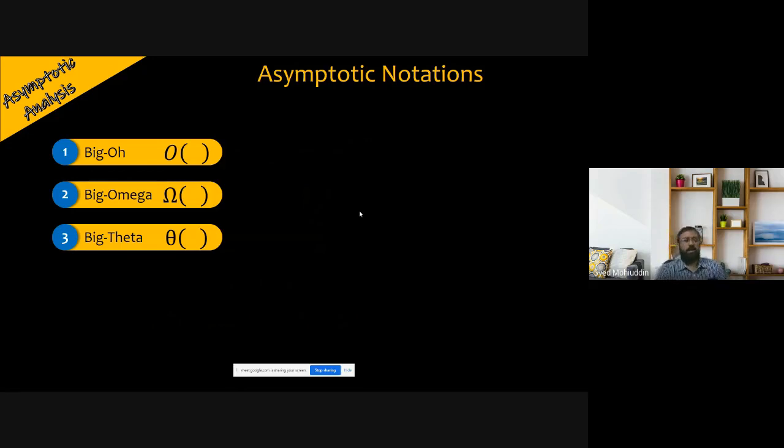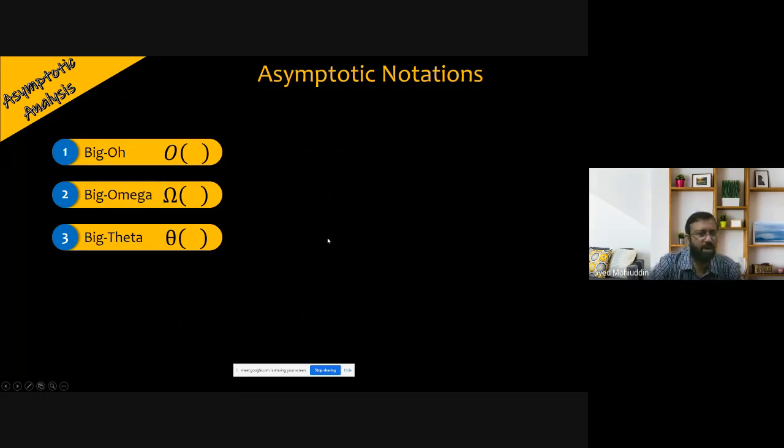For the asymptotic notations for the time complexity of an algorithm, we have the terms known as big O notation, big omega notation, and big theta notation.